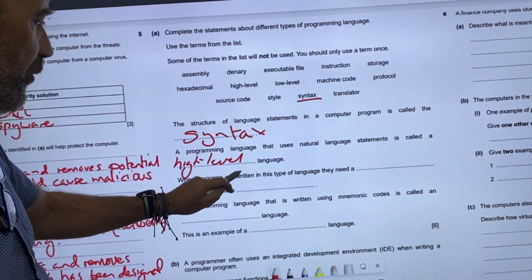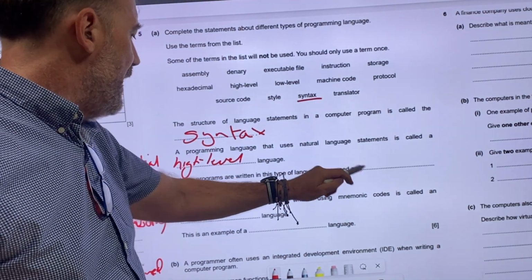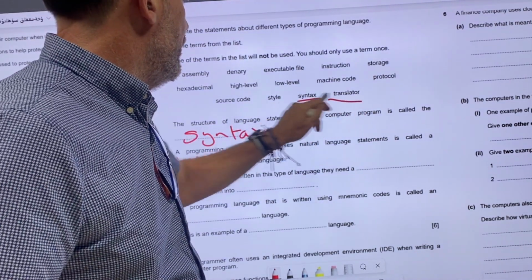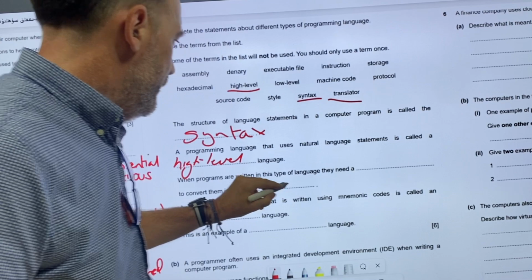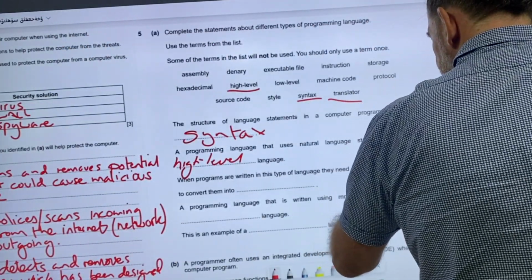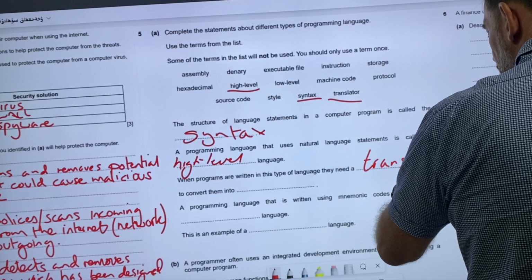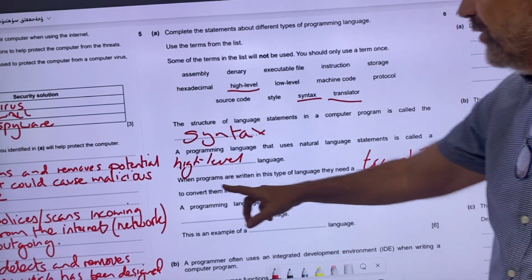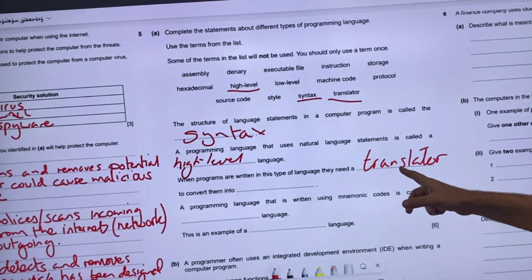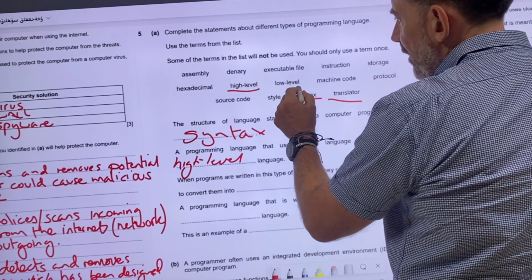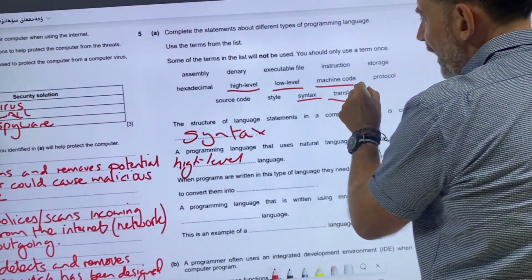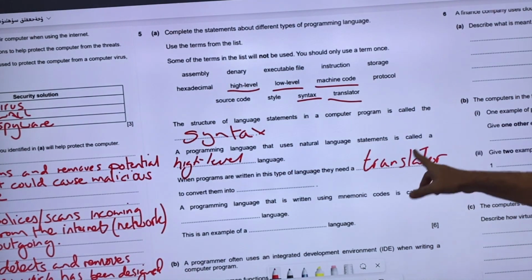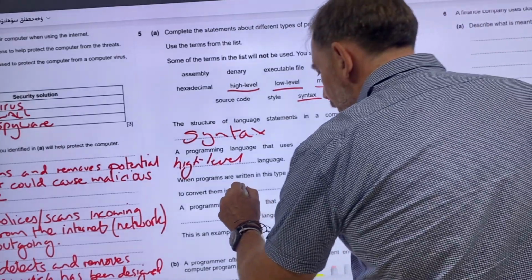Okay, when programs are written in this type of language, they need some kind of translator. There we go, translator. Not an assembler. It's going to translate from one language to convert them into, well, don't get fooled, it's either low-level language or machine code. Okay, but in this case, because it's translating, it's going to translate it into machine code.